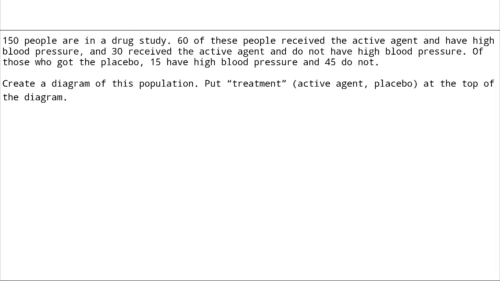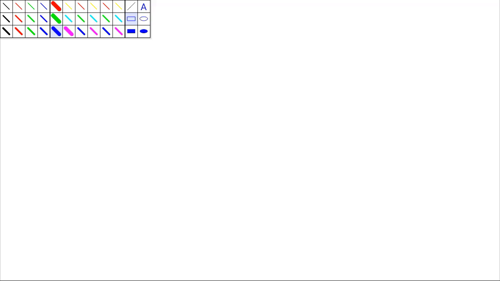Okay, so we'll start by drawing a rectangle, a box, and then dividing it. And we're going to put active agent and placebo at the top.